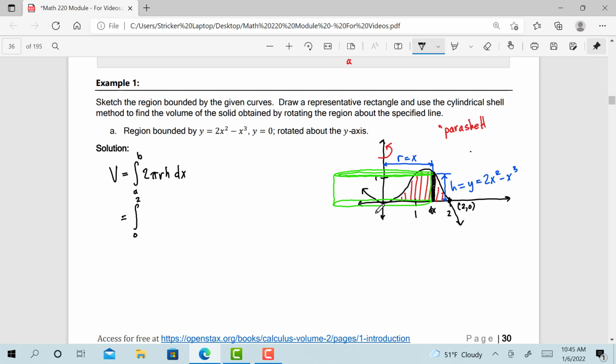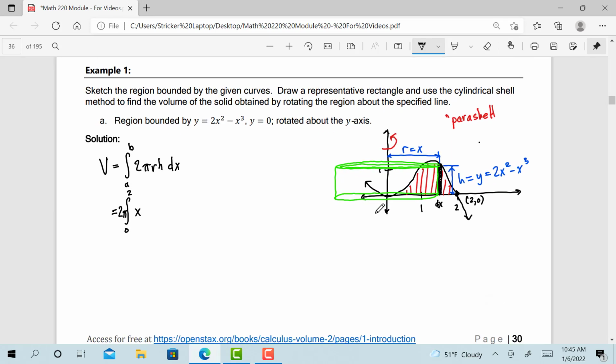The 2 pi is a constant, so let's go ahead and write that on the front. R, again, we said R was equal to x, and we want to leave it in terms of x because this is a dx integral. And then h we said was y, because that was our vertical distance, but again, we need to convert that y to be in terms of x, so y was equal to 2x squared minus x cubed. We have 2x squared minus x cubed, and dx.